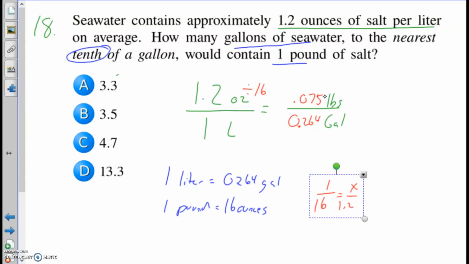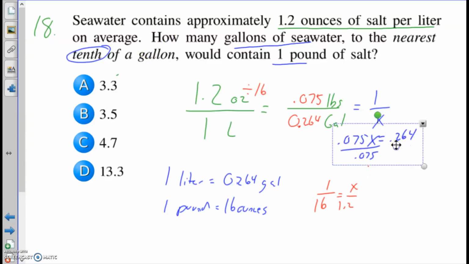0.075. And so what we see here is that's now in pounds and gallons. They then ask, to the nearest gallon, how many gallons would it be if you had 1 pound? So now I'm cross multiplying with this. I end up with 0.075x equals 1 times 0.264.